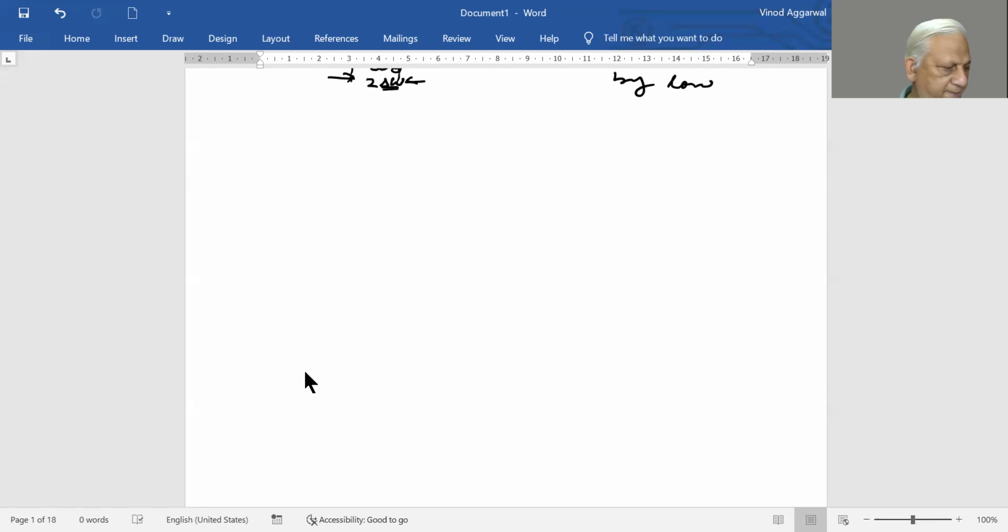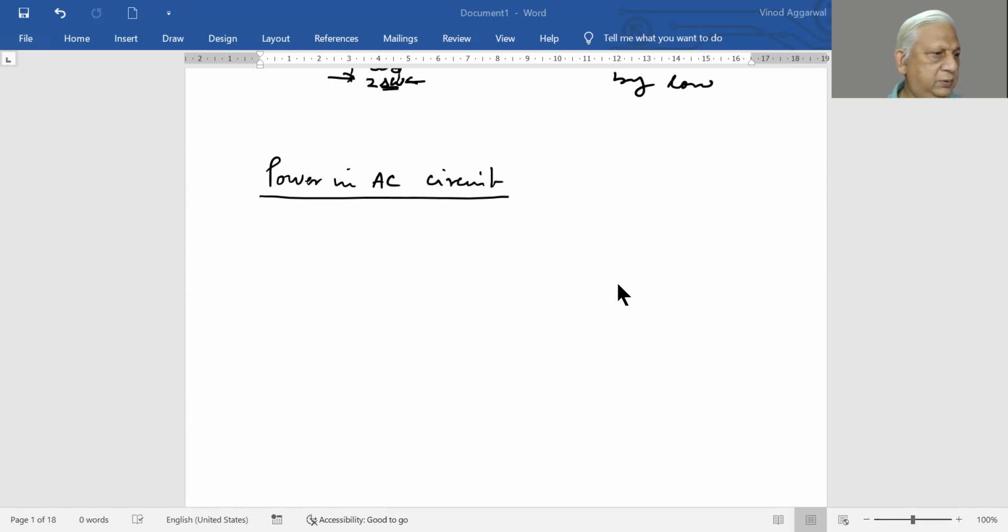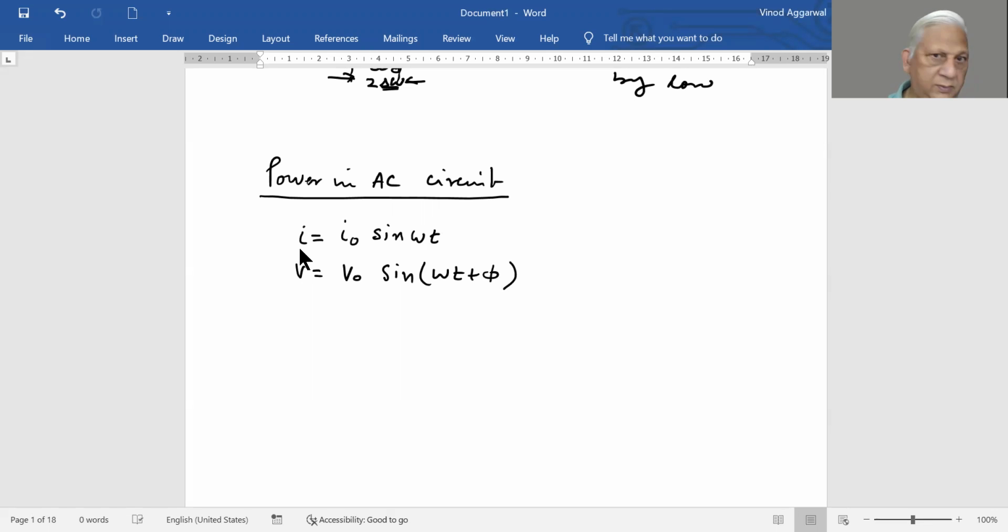Next, we study the power in AC circuit. What we do is, to start with, let our I be represented as I naught sin omega t in an AC circuit, and our voltage V naught sin omega t plus phi, okay.